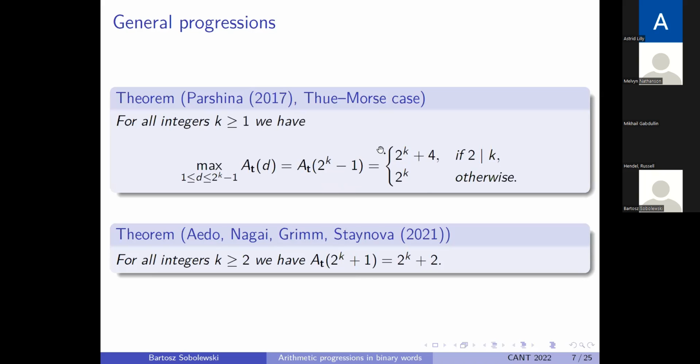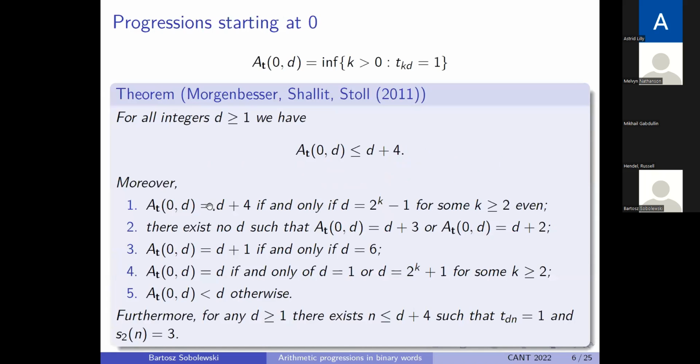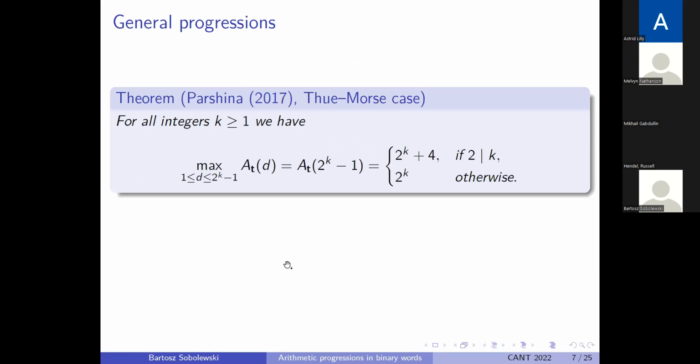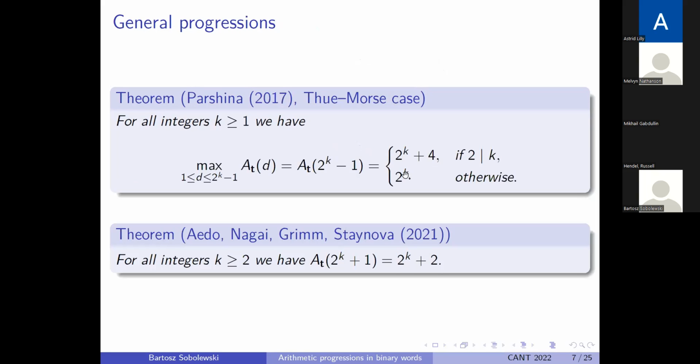And one can compare these expressions with the values in the previous theorem. And actually, it turns out that in this result, the lengths d plus 4 and d, in cases 1 and 4, are exactly 1 less than the values here. So, in other words, the lengths of progressions starting at 0 approximate the lengths of progressions starting anywhere quite well.